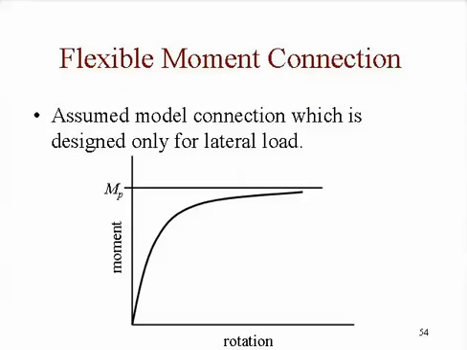And we're going to assume a certain kind of connection behavior. Okay? And this connection is going to be designed just for the lateral load moment. But no matter what you do, you have to make sure that no matter what load is on it, lateral and gravity combined, it's got to behave in the way you're modeling it.